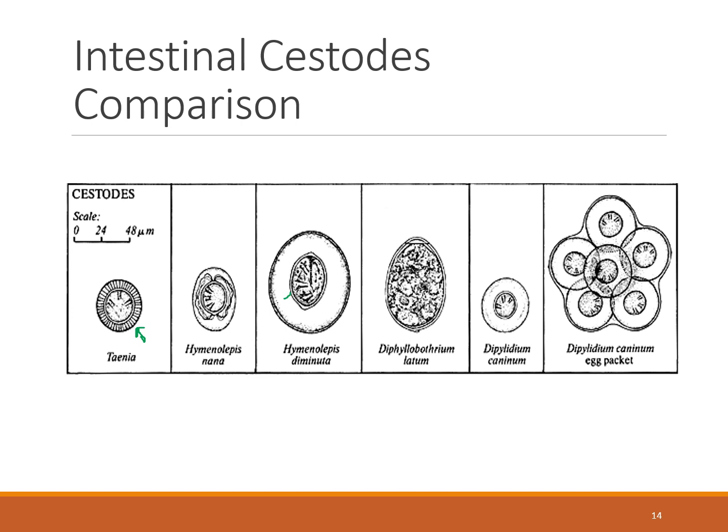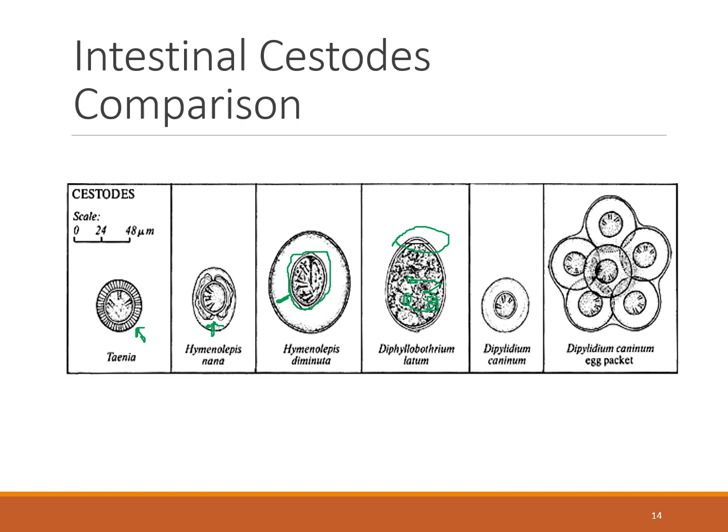So you've got this thicker clearing here, where you've got the organism on the inside of the shell developing, whereas this one has a thinner layer here. It's not as thick. Your Diphyllobothrium latum, you've got this little opening up top here. You can see this kind of filled in area here.